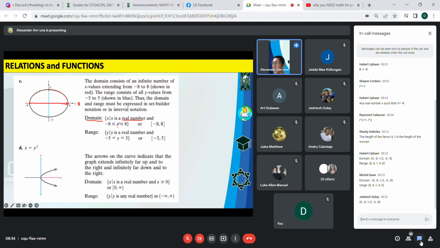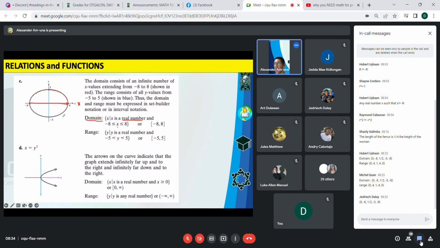Because as we have said here, the x, okay, is a real number, and the x, okay, includes all values between 8 and -8. Okay? How about the range?